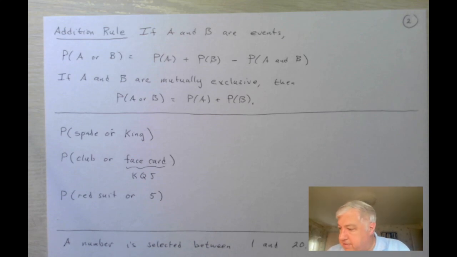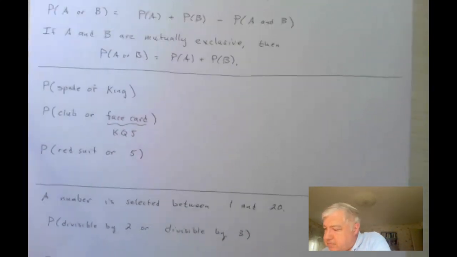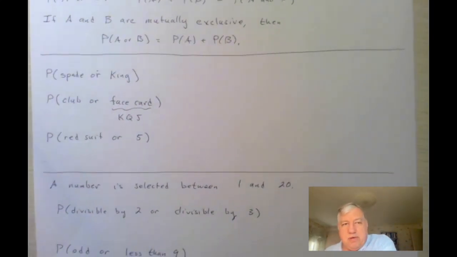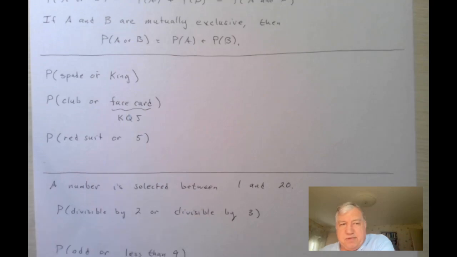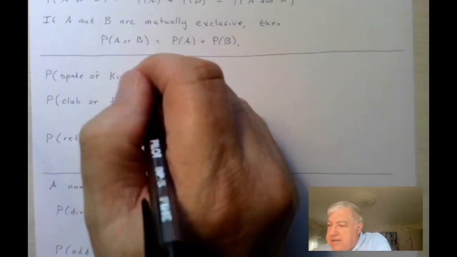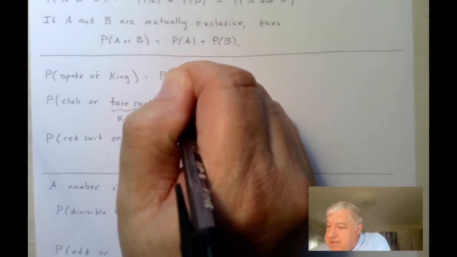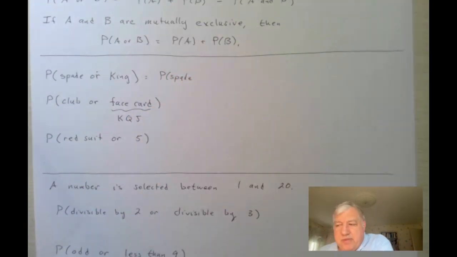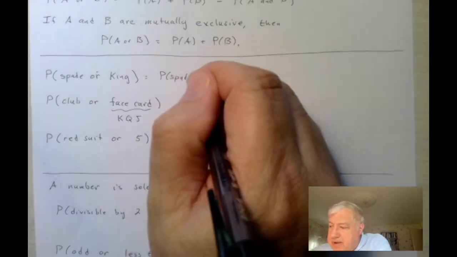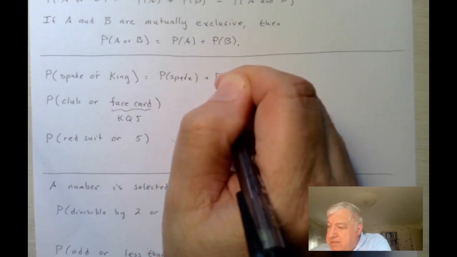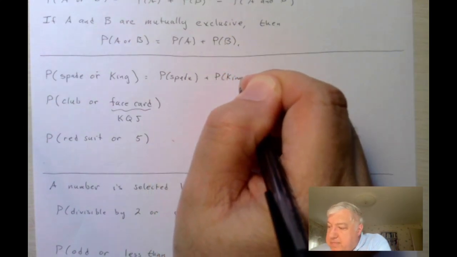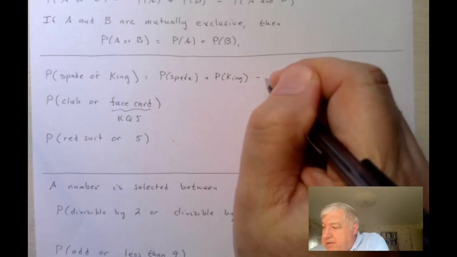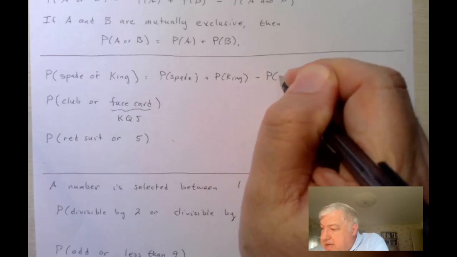So a few examples to see how this works. If we wanted to talk about the probability of a spade or king, this is basically going to be the same idea. This is the probability of a spade, this is, of course, the experiment where we pick a card from a deck, plus the probability of a king, minus the probability of a king and spade.